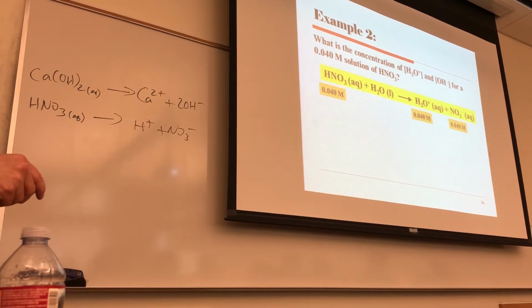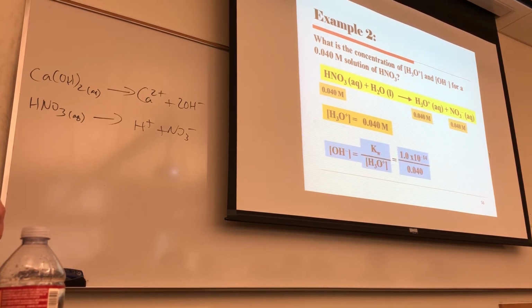And then, of course, it's just 1 times 10 to the minus 14 divided by 0.040. That gives me my hydroxide concentration. See, it's much less, that's much more. Therefore, it's an acidic solution because that's the indicator of an acidic solution, the H3O plus or hydronium ion. Is that okay?